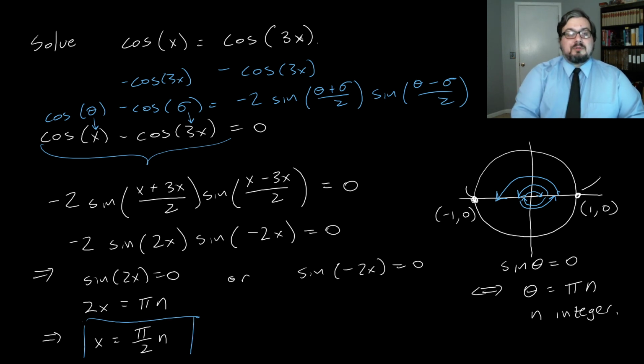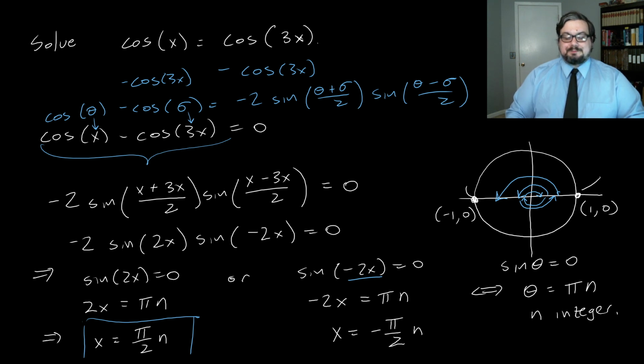And then similarly over here, on the right, we have sine of negative 2x equals 0. Well, we know that sine of an angle equals 0 exactly when that angle equals pi times n for some integer n. So this means that negative 2x equals pi n for some integer n, and dividing by negative 2, we get x is equal to negative pi over 2 times n for n an integer.